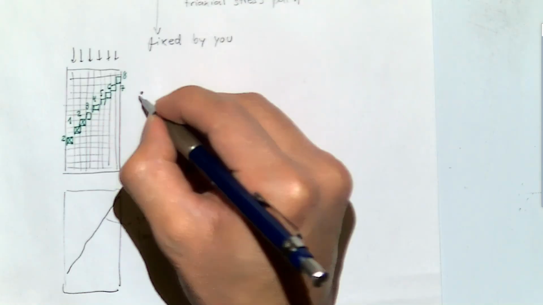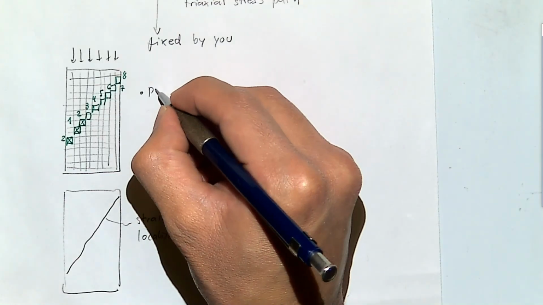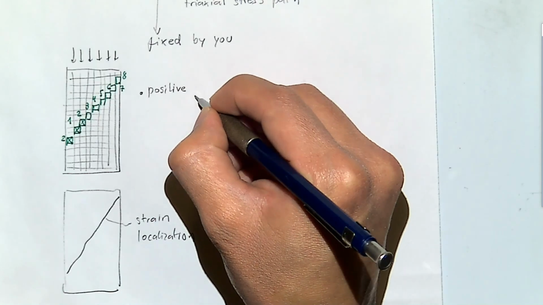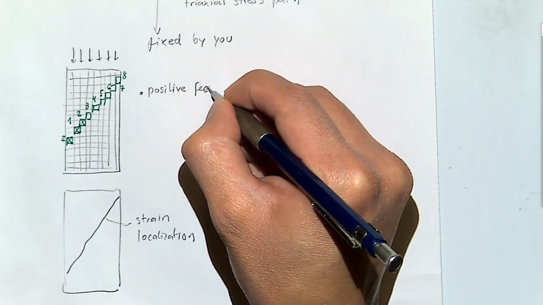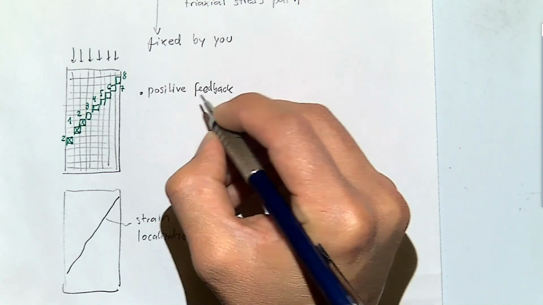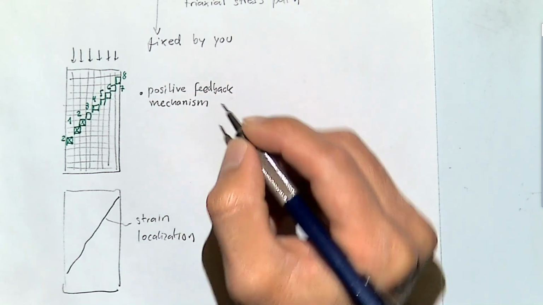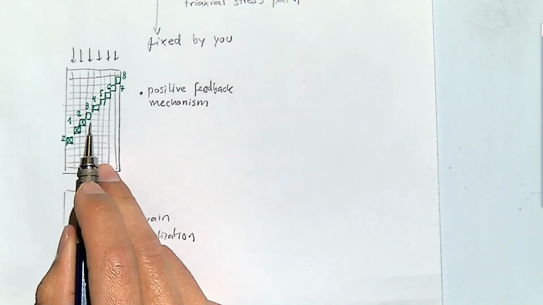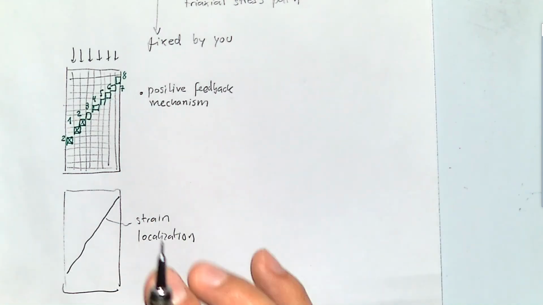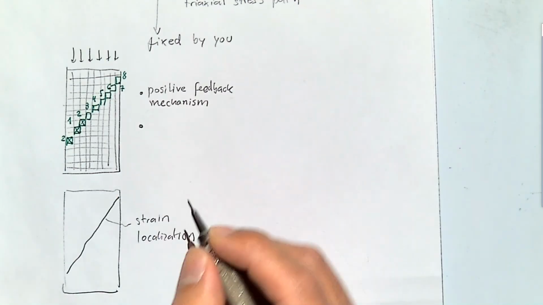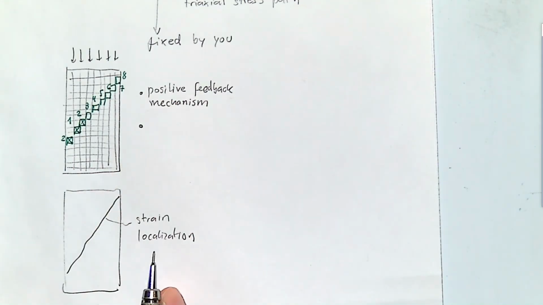Basically, here we have something which is called a positive feedback mechanism, because once one breaks, it makes the other one break, and the other one break, and so forth, and that makes this fracture propagate and localize.